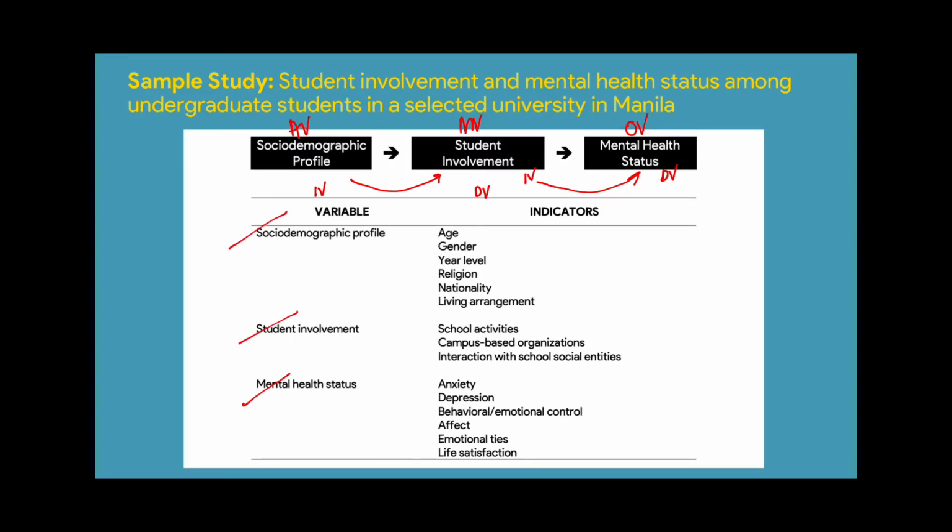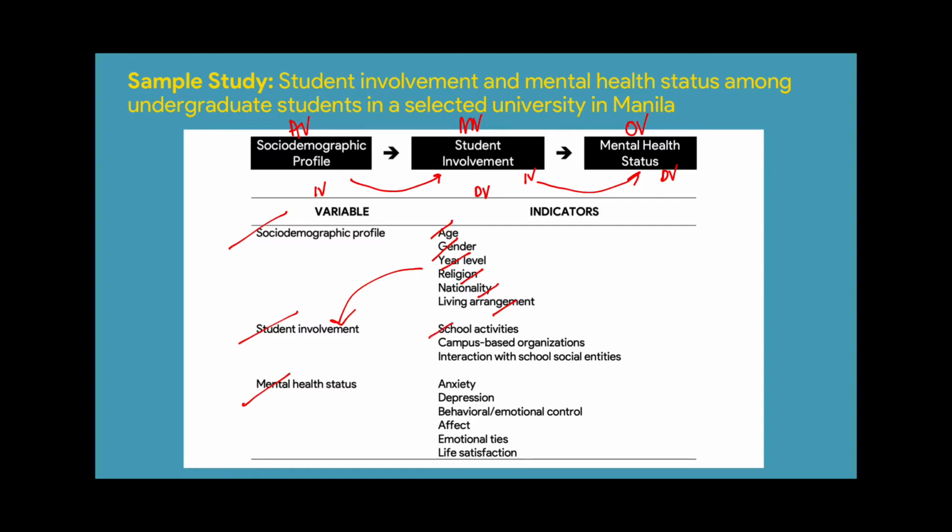Again, based on the literature that we have reviewed, these were the indicators that we were able to see: age, gender, year level, religion, nationality, and living arrangement. The related literature has seen relationships of these with student involvement. And what are the indicators we have chosen for student involvement?